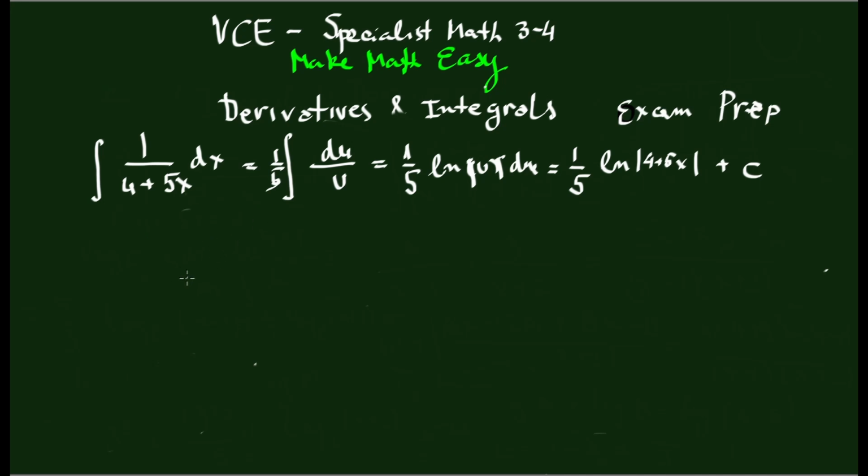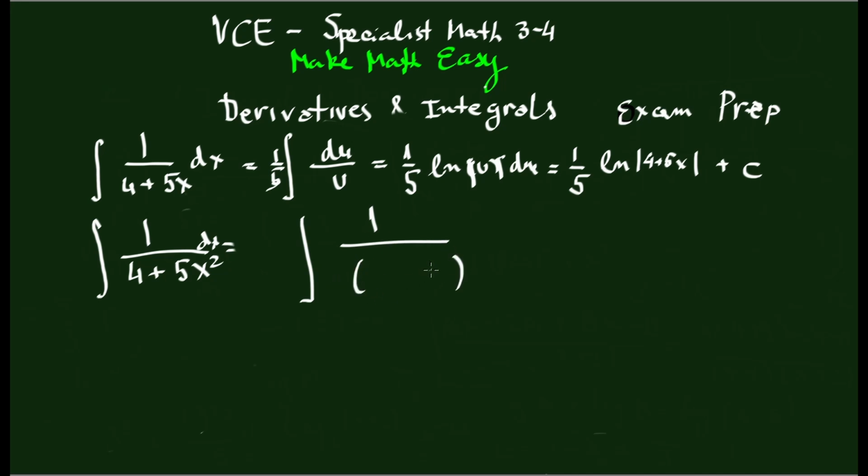Now let's do the same, just make this x be x squared. Yeah, so 4 plus 5x squared. For this integral, we take 5 out in front of the bracket, so what we do, we'll put 4 in the bracket here, and you have x squared, and if you take 5 in front of the bracket, then you will have that, and the first one will become 4/5, and that's dx.